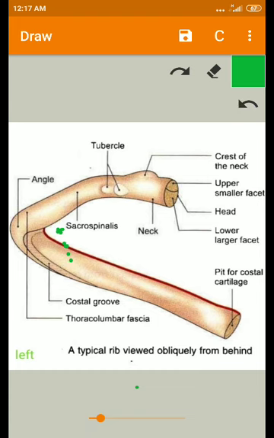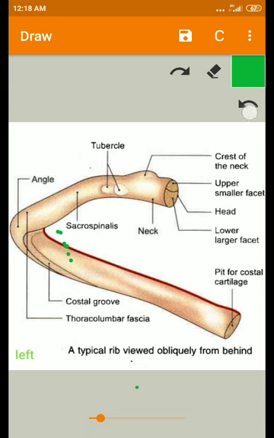This groove gives origin to the internal intercostal muscle. The upper edge of the groove gives origin to the intercostalis intimus muscle, that is the innermost intercostal muscle.